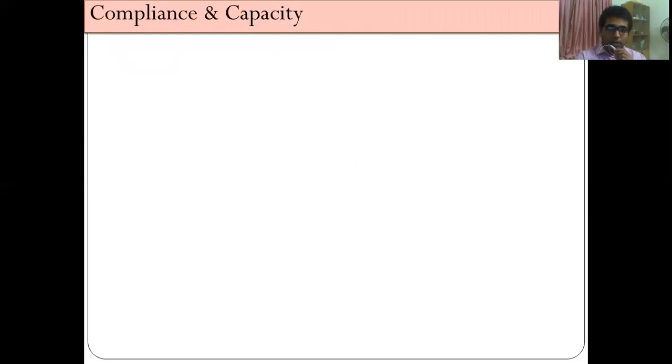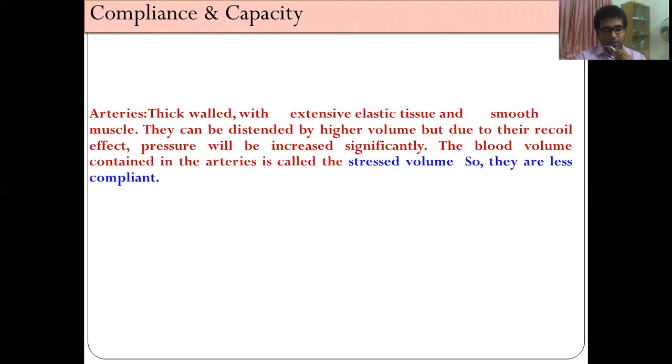Now the last topic today I am going to explain is compliance of the vessels, or capacity of the vessels. Actually, thick arteries contain thick walls with extensive elastic tissue and smooth muscle, so they can be distended by higher volume. But due to their recoil effect, pressure will be increased significantly.